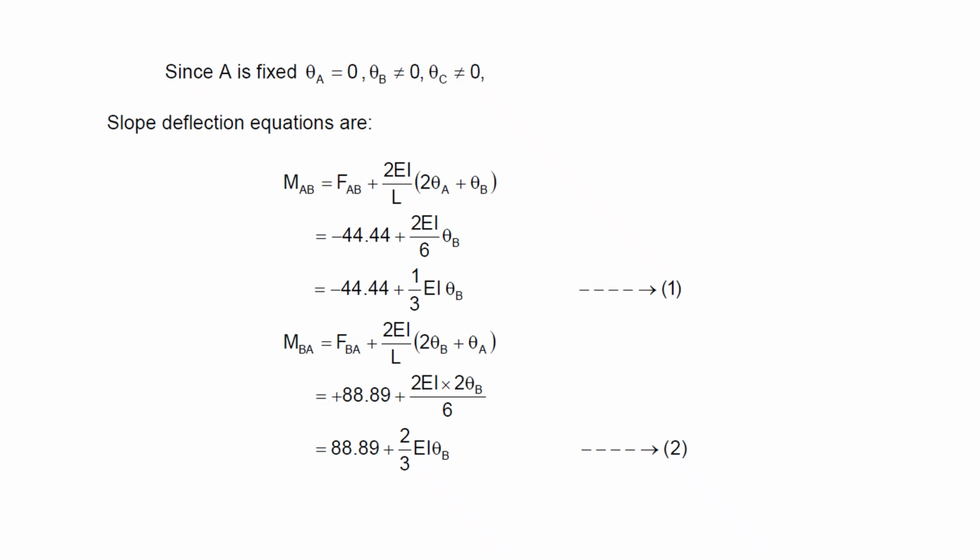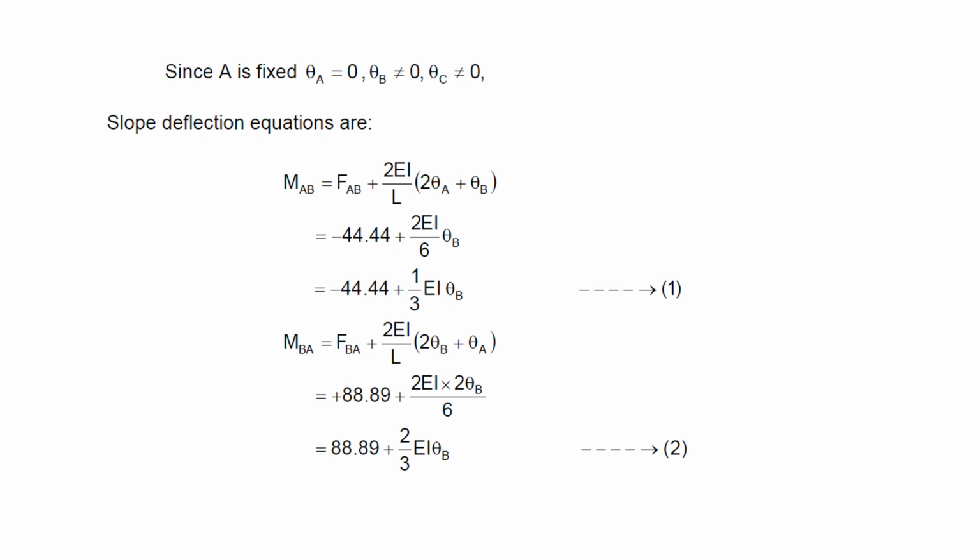MAB equals the fixed end moment plus the end moment terms. So fixed moment FAB plus 2EI by L, 2 theta A plus theta B. Theta A is the near end in MAB, and theta B is the far end. So substitute 2 times theta A for the near end and theta B for the far end, and you can cancel theta A. So the moment becomes minus 44.44 plus 1 by 3 EI theta B. Equation 1 is ready.